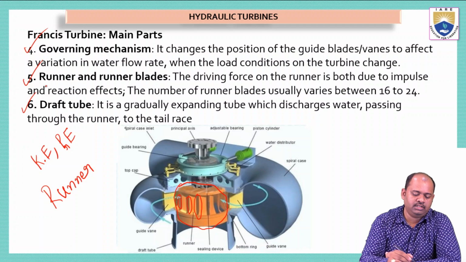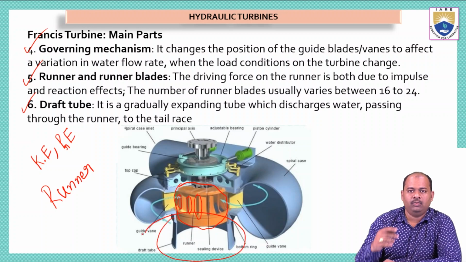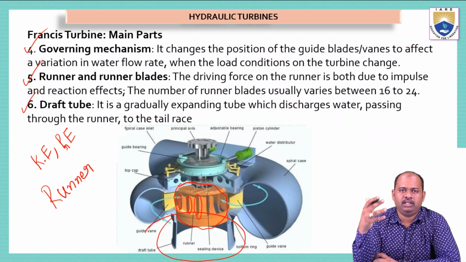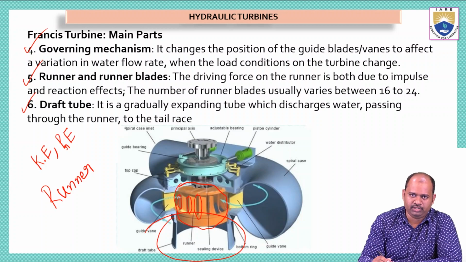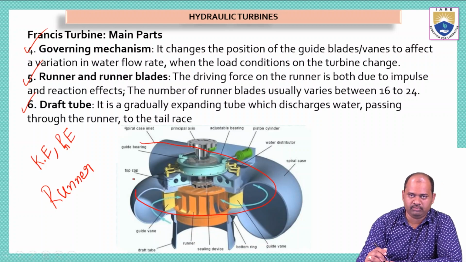And the last part is the draft tube. Here we have this draft tube. After the water enters into the runner, it will come out in the perpendicular direction like this. Initially, the water will rotate in this direction, in spiral rotation.